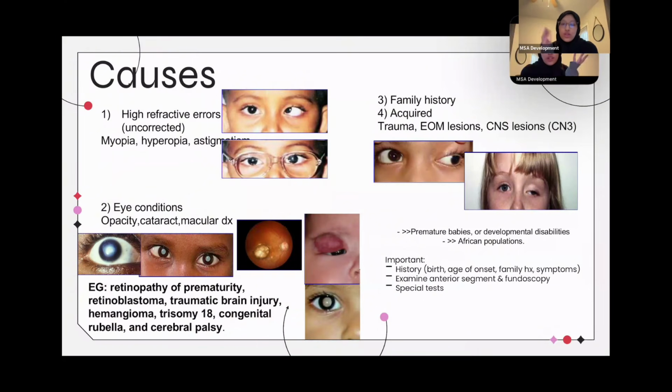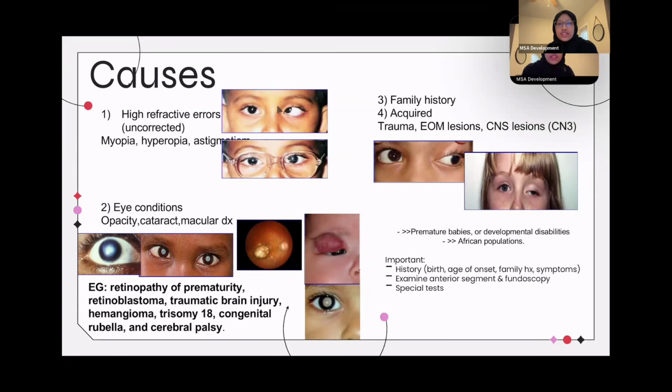But many of them have high refractive errors, which means myopia or hyperopia, nearsightedness or farsightedness, if they are uncorrected, or even astigmatism, I also have that. Astigmatism means abnormal curvature of the eye. It's not as important, but just remember any refractive error, any wrong curvature of the light, can cause strabismus or misalignment of the eye.